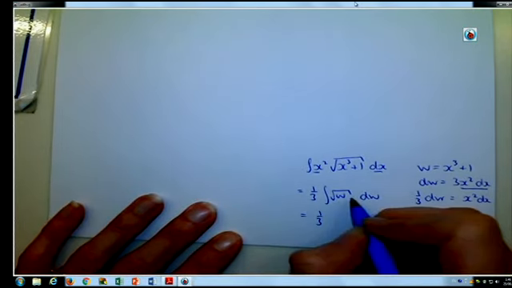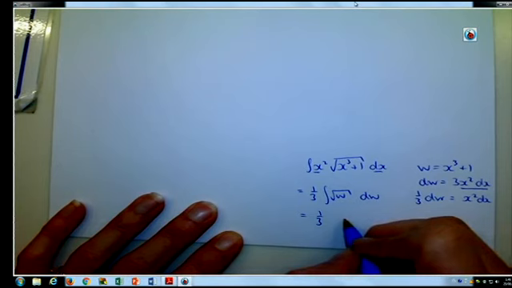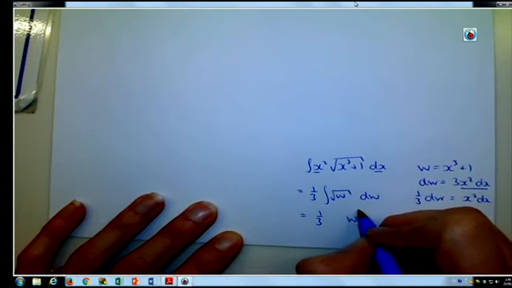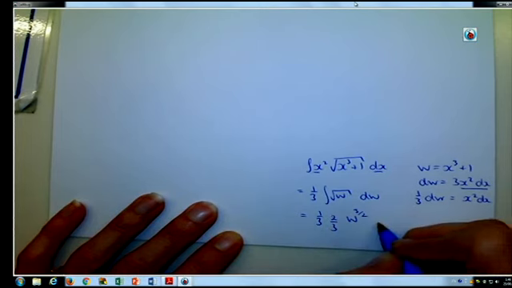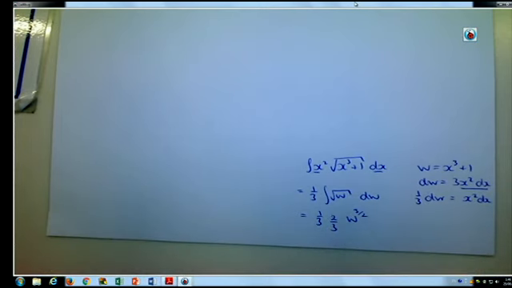So this is like W to the power of 1/2. So this would be W to the 3/2 when I integrate it. Then I'm going to fix up the constant out the front. And I don't need a plus c because I'm doing this for integration by parts.